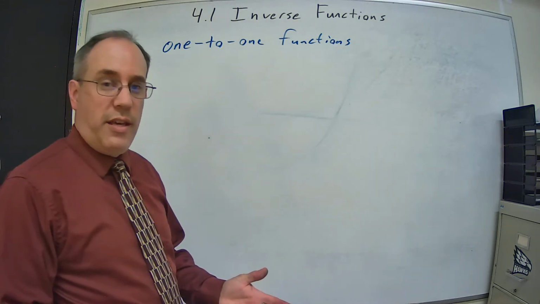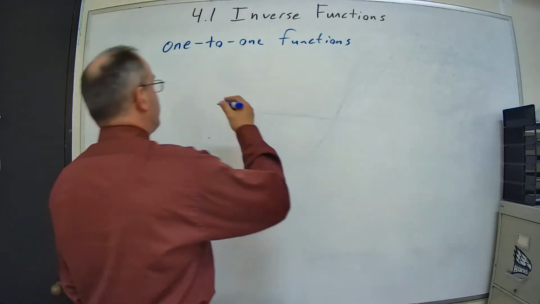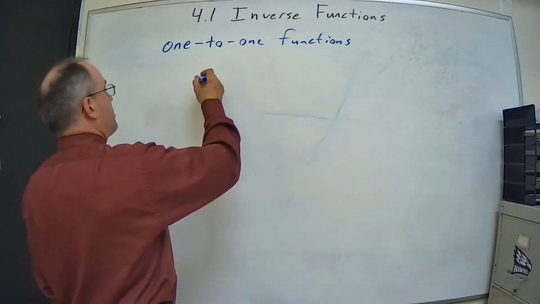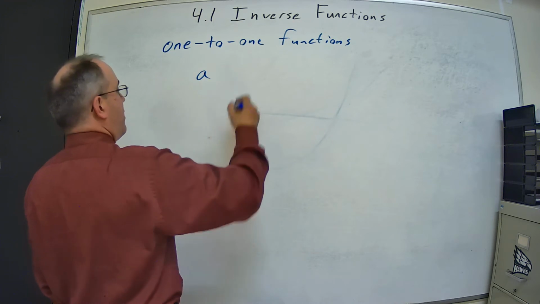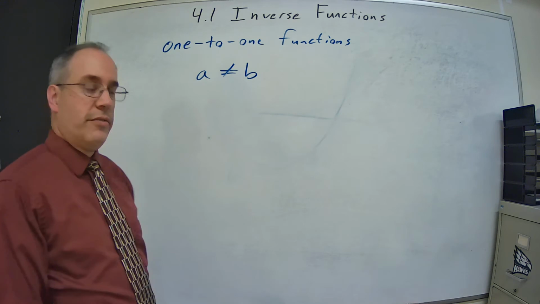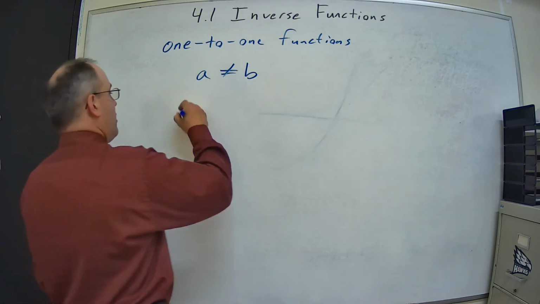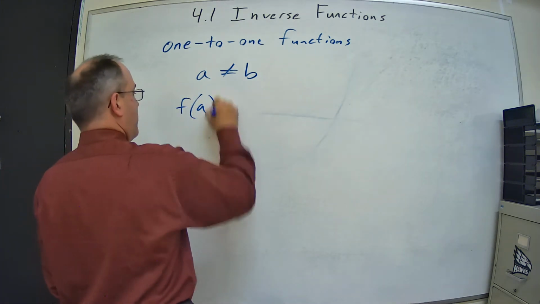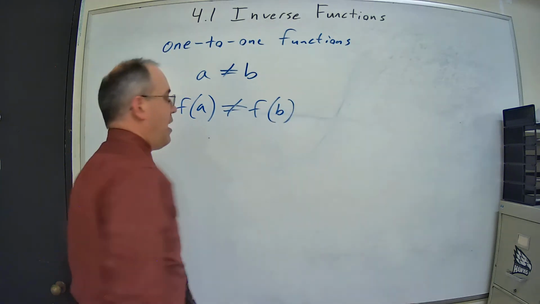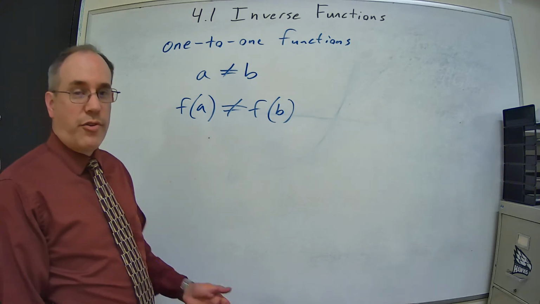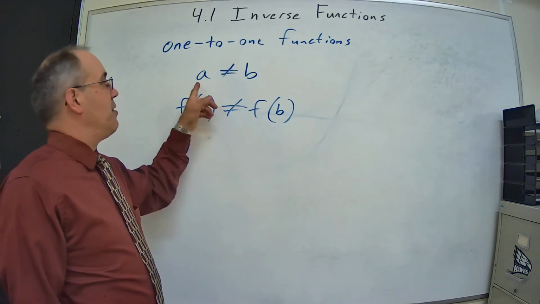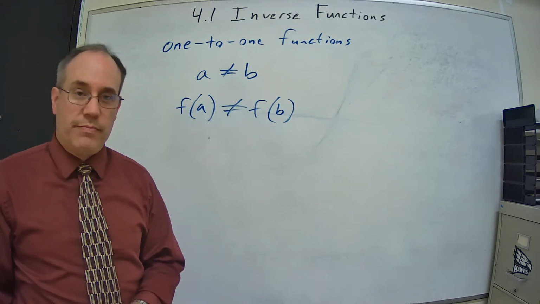So basically, what we're saying is that if we have two inputs, A and B, that are not equal to one another, then f of A must not be equal to f of B. And the converse is also true. If f of A is not equal to f of B, then A must not be equal to B.